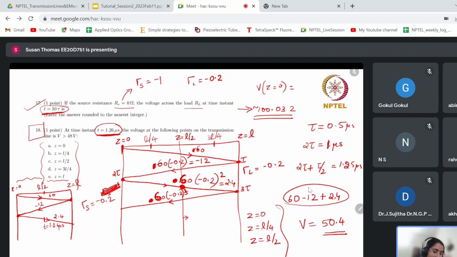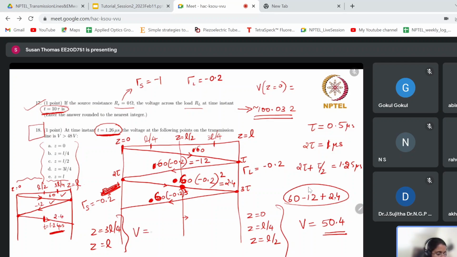And you see, immediately after the middle of the transmission line, at time t equal to 1.26 microseconds, this has transmitted up to here, but after that, that means at z equal to 3L by 4, this is somewhere here, 3L by 4, after a time 1.26 microsecond, and at z equal to L, we have only 60 and minus 12.